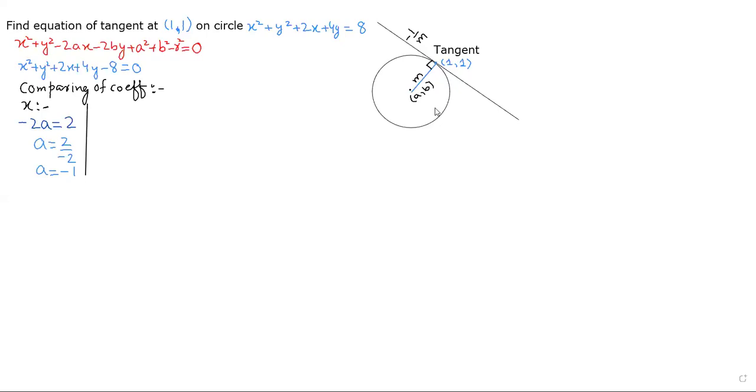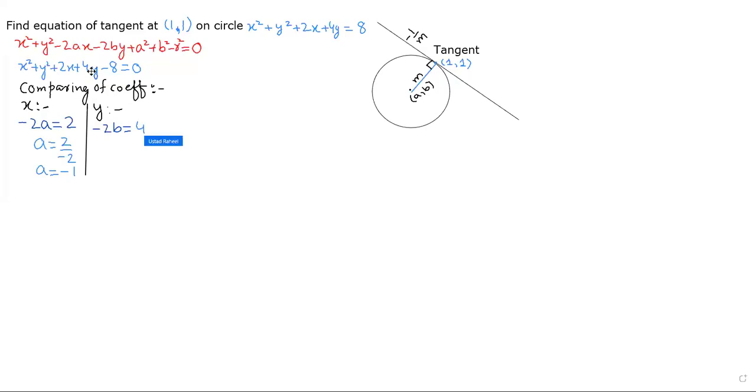Now I will do the same working for y coefficient. You can see the y term is minus 2b. The coefficient of y is minus 2b in the formula, and in the question the coefficient of y is 4.